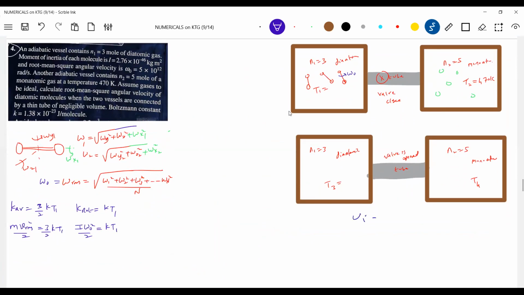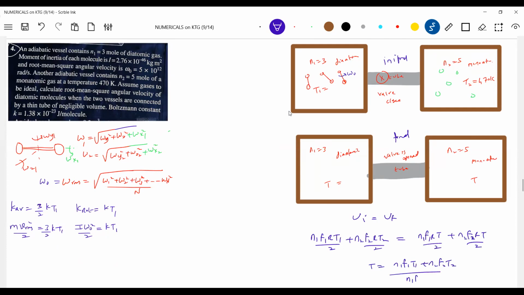So UI should be equal to UF. This is the initial. This is the final. So N1, F1 R T1 by 2. Final temperature has to be the same, no? Anybody, why should the final temperature be the same? The gases will exchange energy and attain thermal equilibrium.